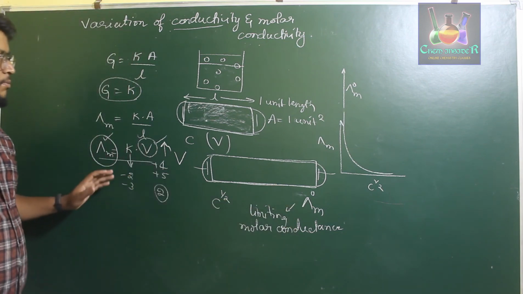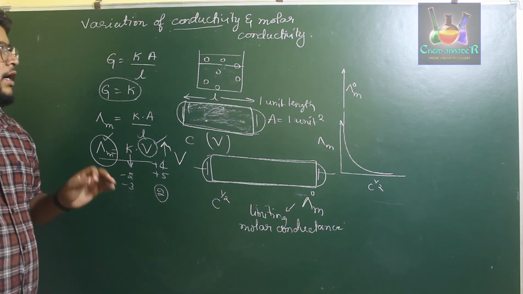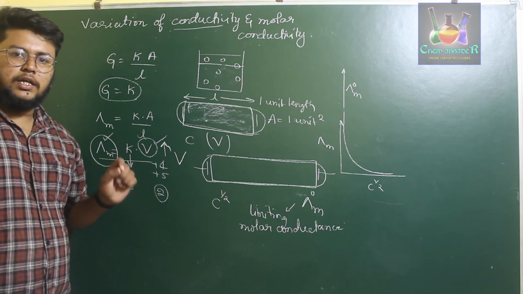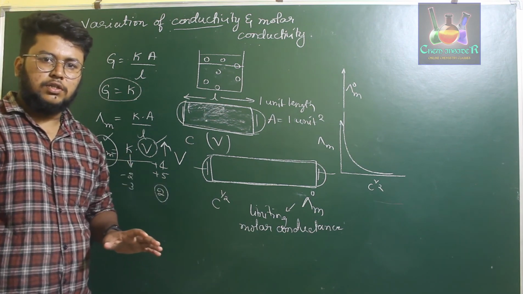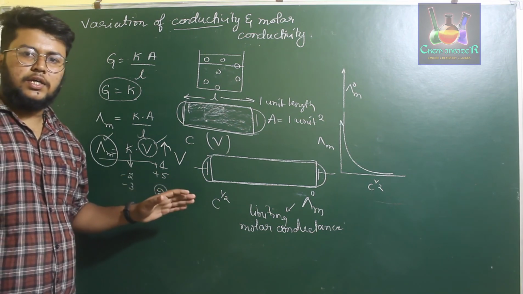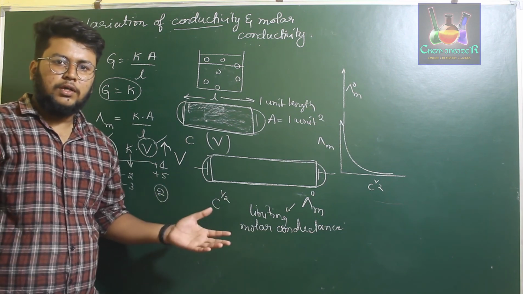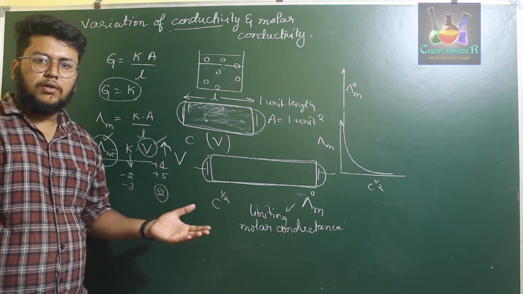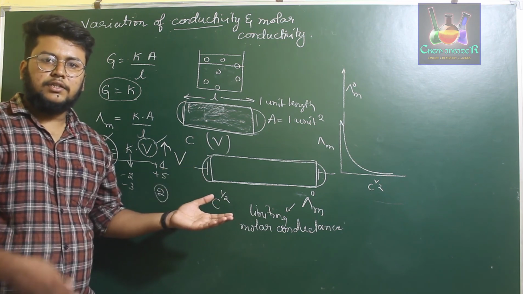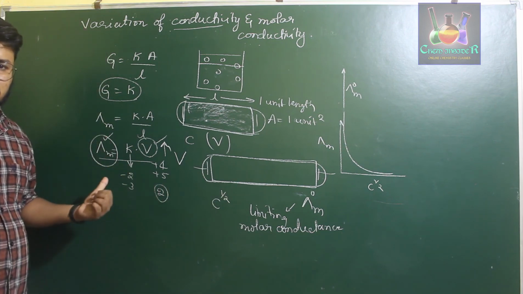So this is about the variation of molar conductivity and conductivity with respect to concentration. Conductivity decreases with decrease in concentration, but if you have a conductivity cell whose area is wide enough to accommodate sufficient volume, then upon increasing the dilution, molar conductivity increases.